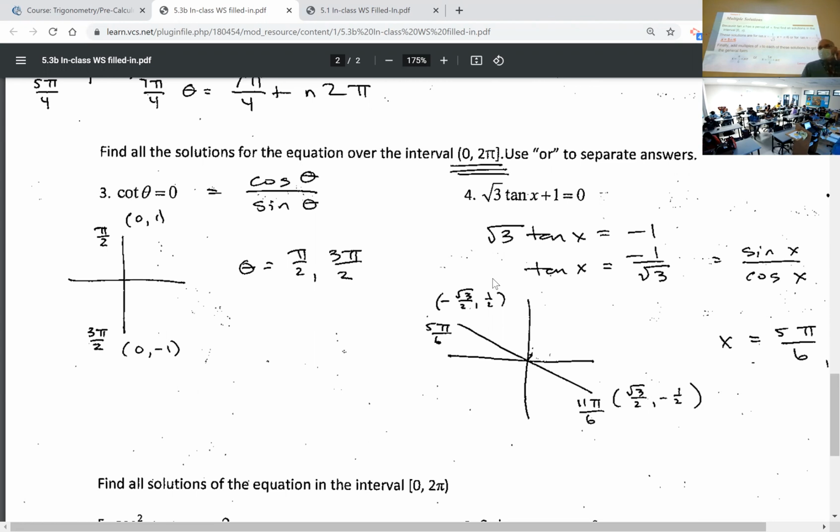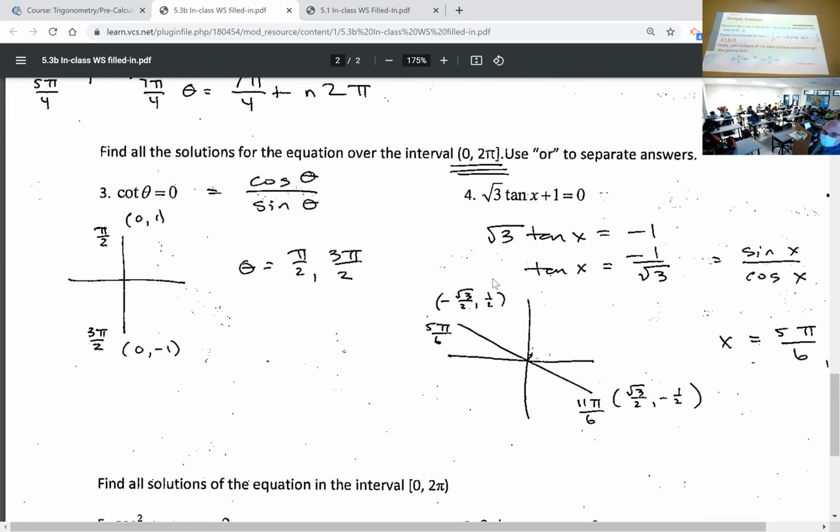I could graph this on a calculator if I wanted to, but that's a lot of extra work that I don't think you need to do. I could just say, if cotangent is equal to 0, then where is cosine equal to 0? That's where cotangent is going to be equal to 0. That happens at 2 places. My x value is 0 here at pi over 2, and down here at 3 pi over 2.